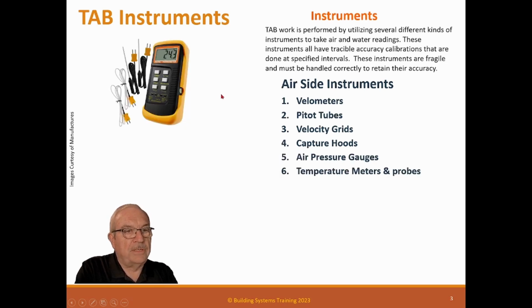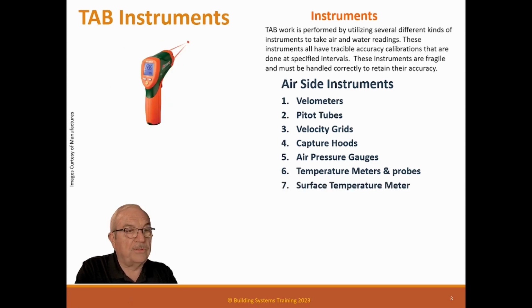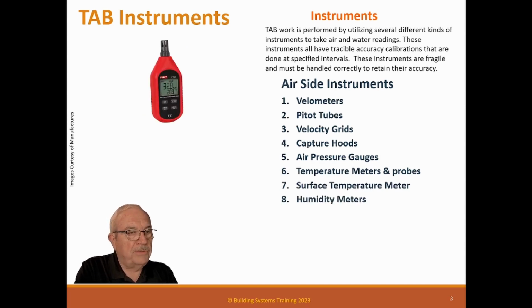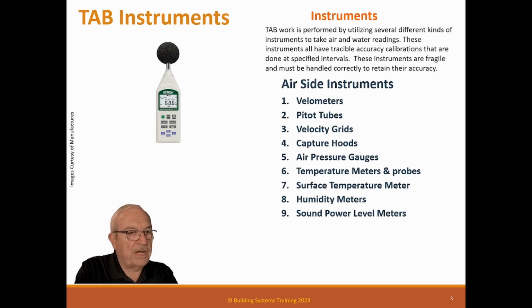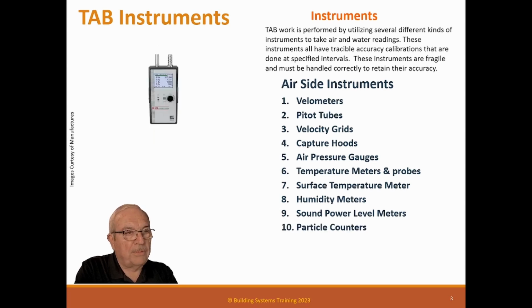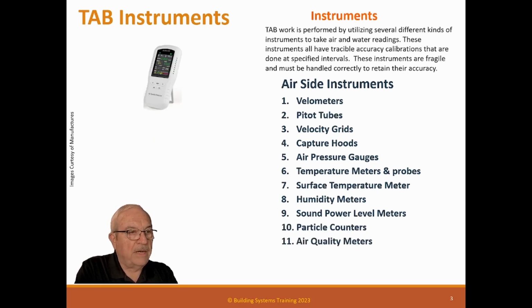There are temperature meters and probes, with different kinds of probes for different kinds of temperature: duct temperature, water temperature, surface temperature, air temperature, all those different ones. For surface temperature, we have infrared meters that we can use. Humidity meters read the humidity in the air, and there are sound power level meters, particle counters, and air quality meters. These are all the different kinds of meters we use.